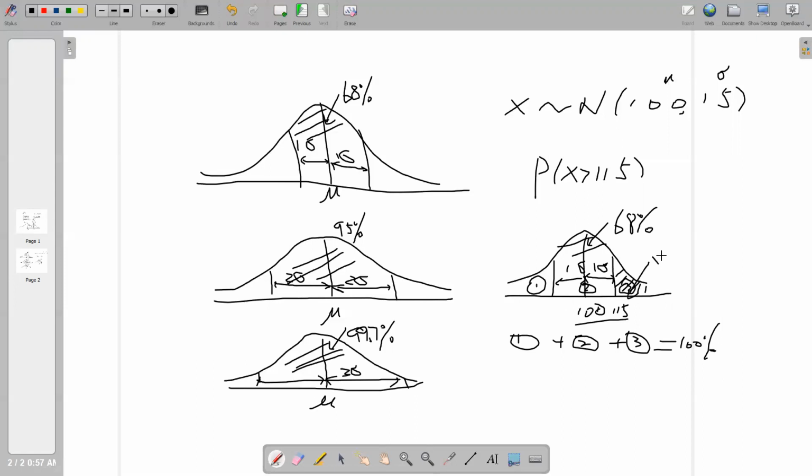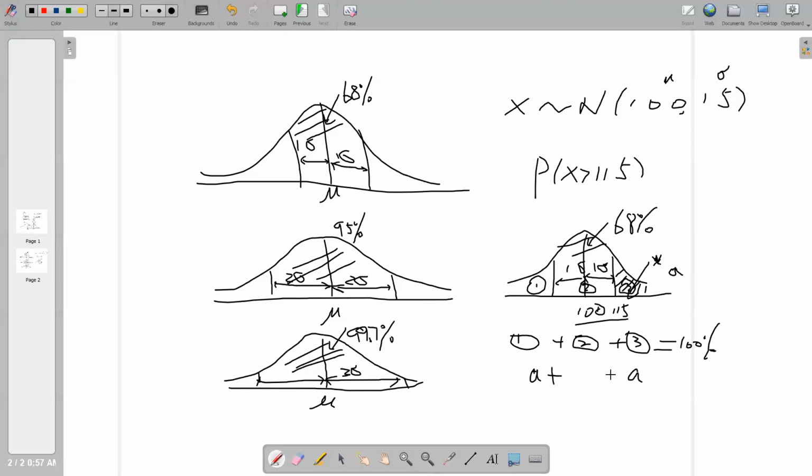If we use a variable to represent it, and this x is different from that x, so maybe let's not use x, let's use a to represent it. Since piece 1 and piece 3 are symmetric, they have the same area, so they have the same probability.